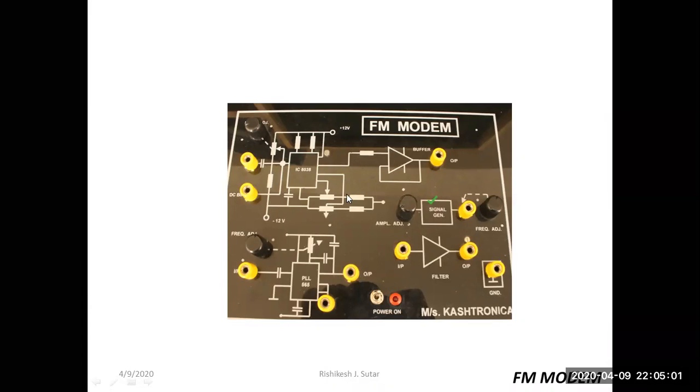Also, we have IC 8038, which acts as a VCO, that is voltage controlled oscillator, which generates oscillations depending upon the applied control voltage or DC bias. Also, we have IC 565, that is PLL, which is used for demodulating the frequency modulated signal.